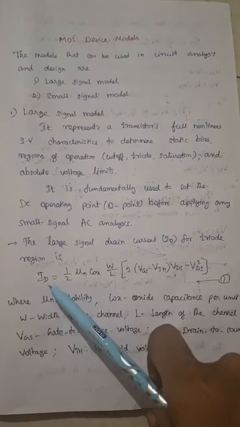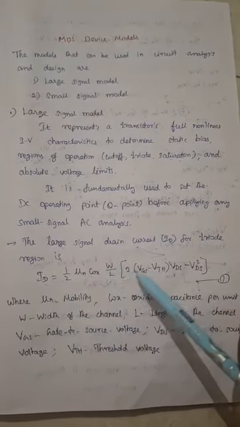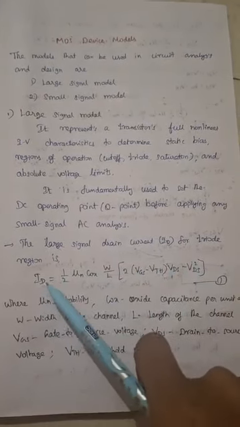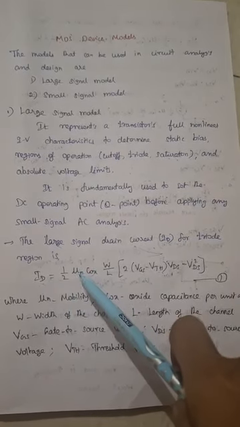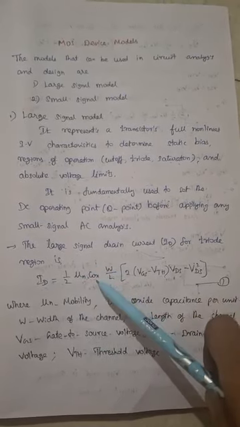What is your drain current equation? ID equal to half mu n Cox W by L into twice of VGS minus VTH into VDS minus VDS square. So ID is nothing but drain current. Mu n means mobility of electron. Here we are considering N MOSFET.